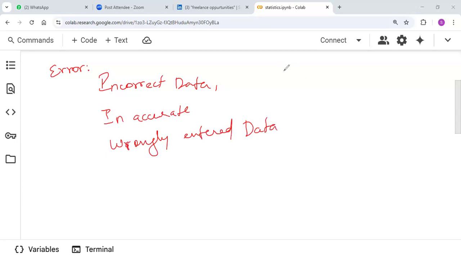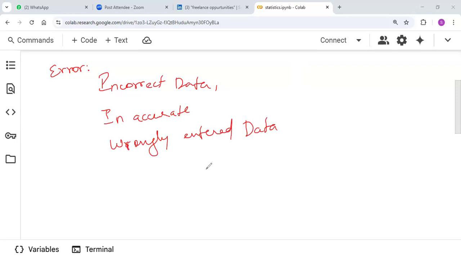It might be because of human mistake or faulty sensors or misconfigured systems or mismatched formats during encoding, whatever it is. But the data is completely incorrect, and this is a mistake. You need to remove this error.